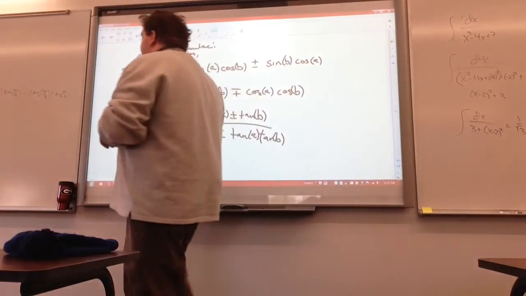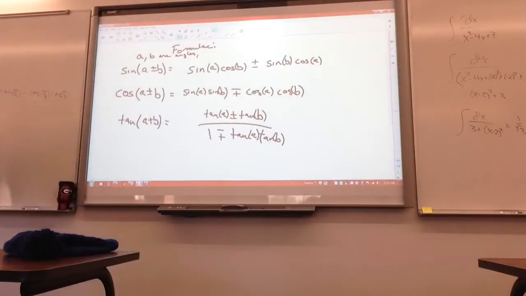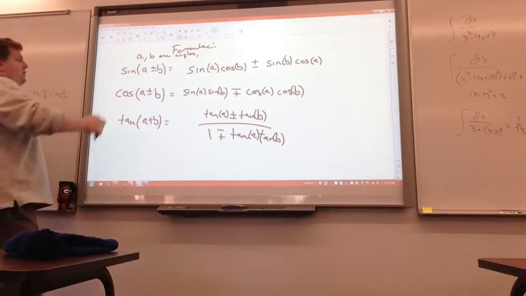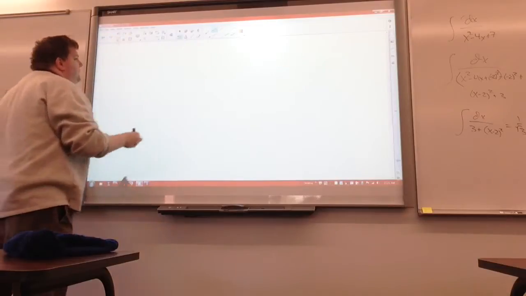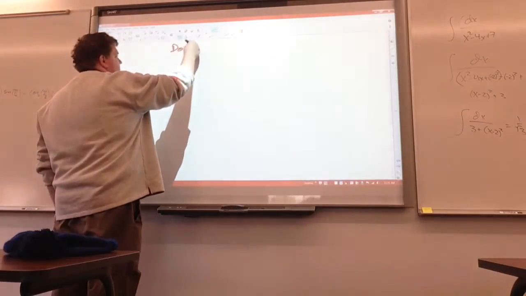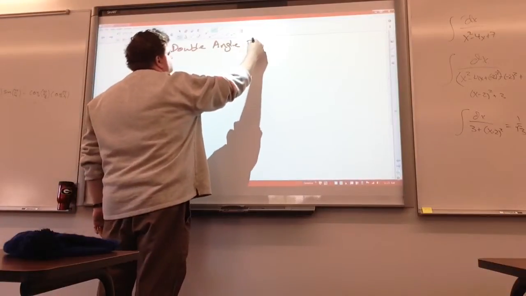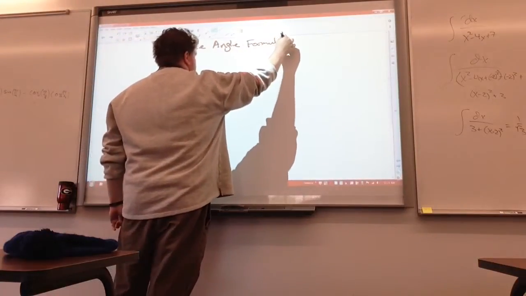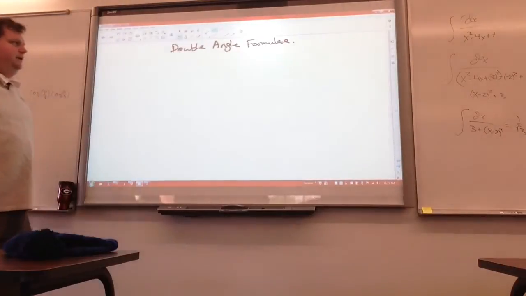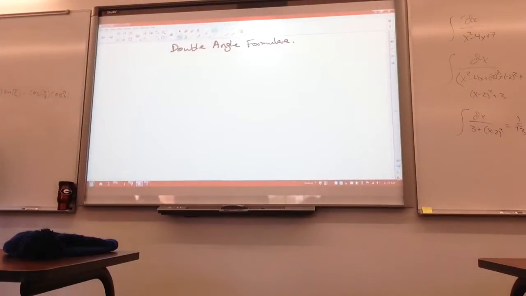So, these are the sum and difference formulas and how they're used. They're fairly straightforward. Now, there's another set of formulas based off of these called the double angle formulas. What the double angle formulas do is handle things with the angles being doubled.